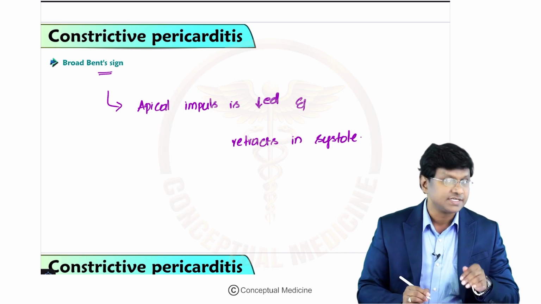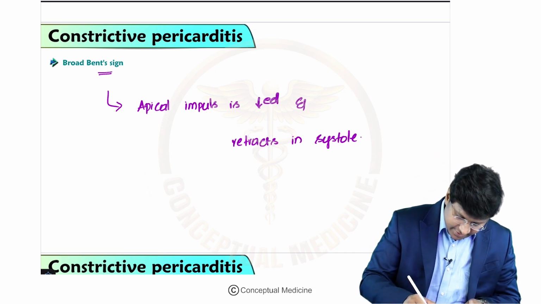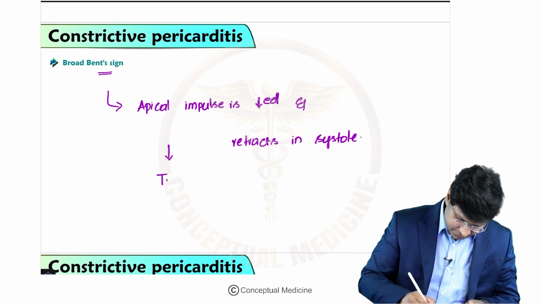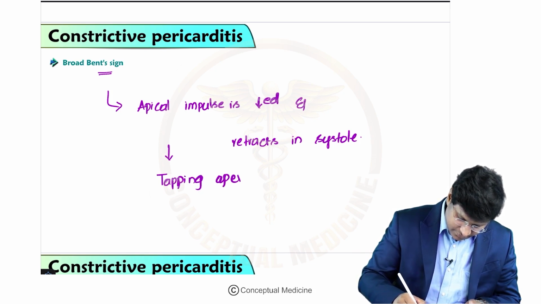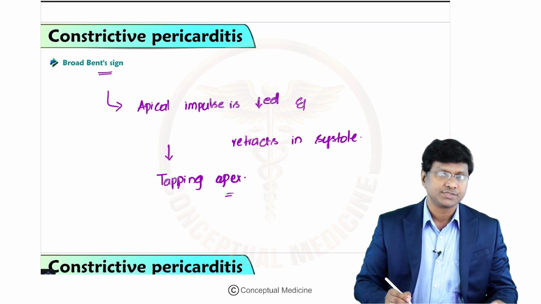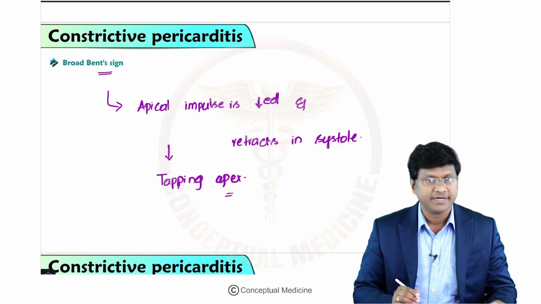That is what is called the Broadbent sign. And this will give the apical impulse as the tapping apex. That is what is called the Broadbent sign.